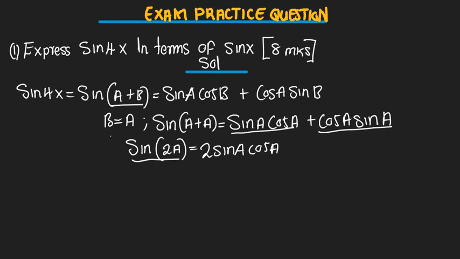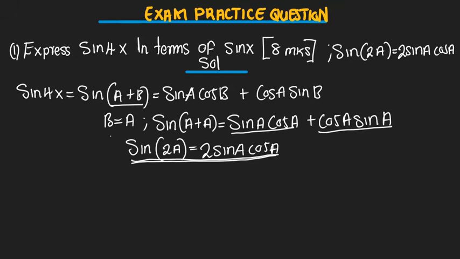Now, it is this property or identity that we are going to use to solve this particular question. Okay, so let me just write it somewhere. So we have sine 2a is equal to 2 sine a cosine a.